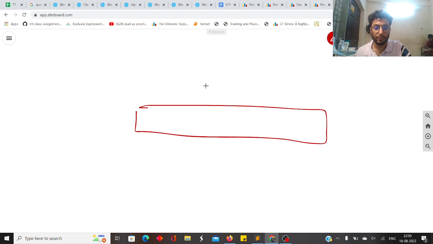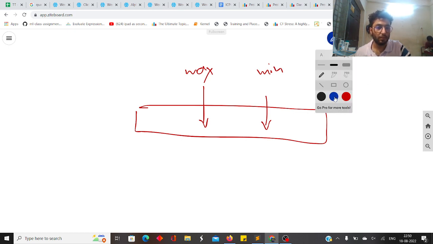Let me say that this is my maximum element, the total max of the array, and this is my minimum element, the total min of the array, and my second max lies somewhere over here.